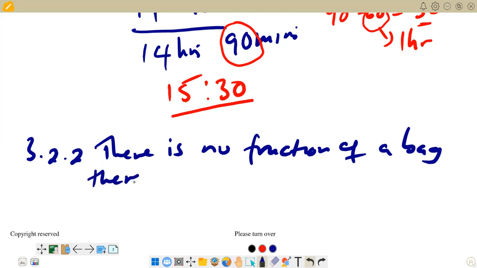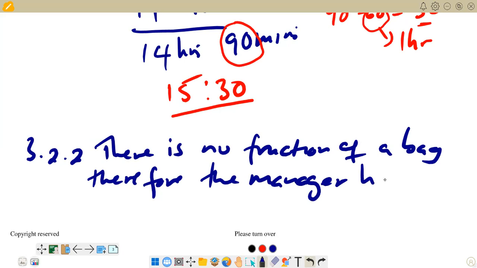Therefore, the manager has rounded up. You can see that that figure has been rounded up. So it's correct. That's why we are having such a scenario that it has been rounded up.